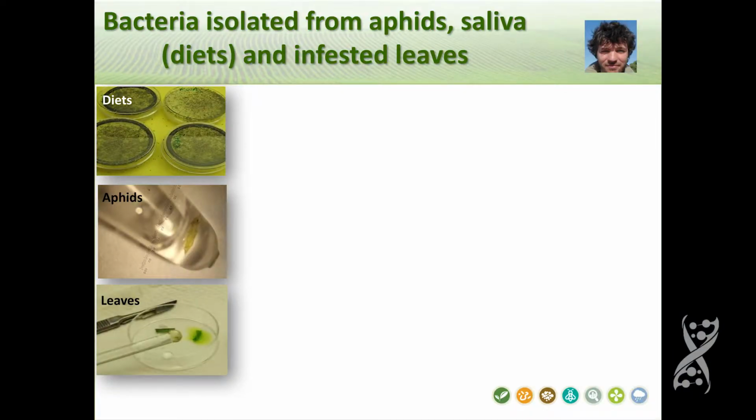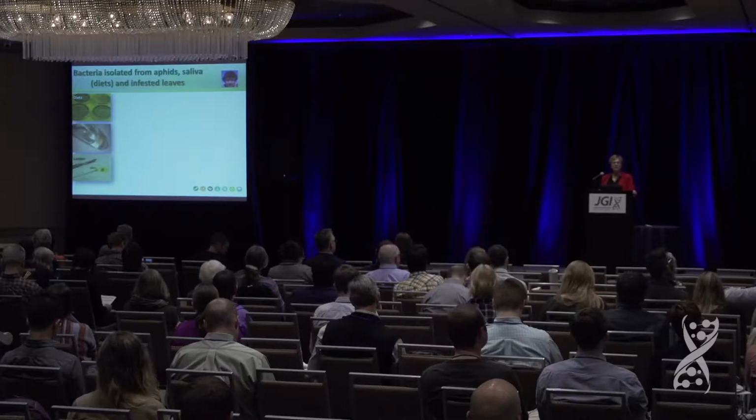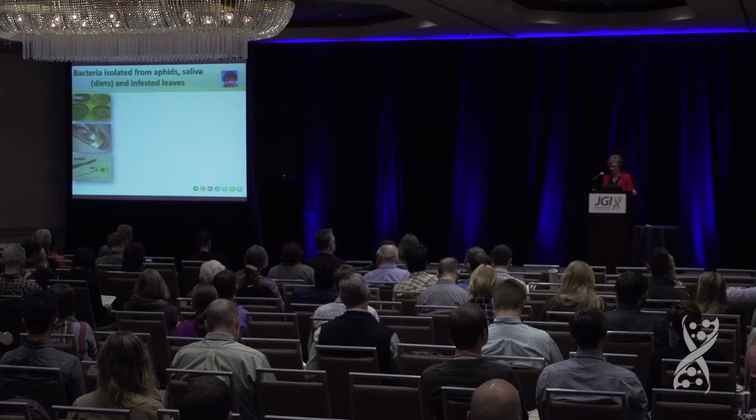So then Tony Campillo came into the lab a couple of years after Leon left. We sat and pondered about this for a while. We knew that these bacteria were probably responsible for aphid feeding, but we didn't quite know how at the time. So Tony was a microbiologist, and working with Emily Luna, who you'll hear more about later, decided, okay, let's see if these aphids have bacteria associated with them.